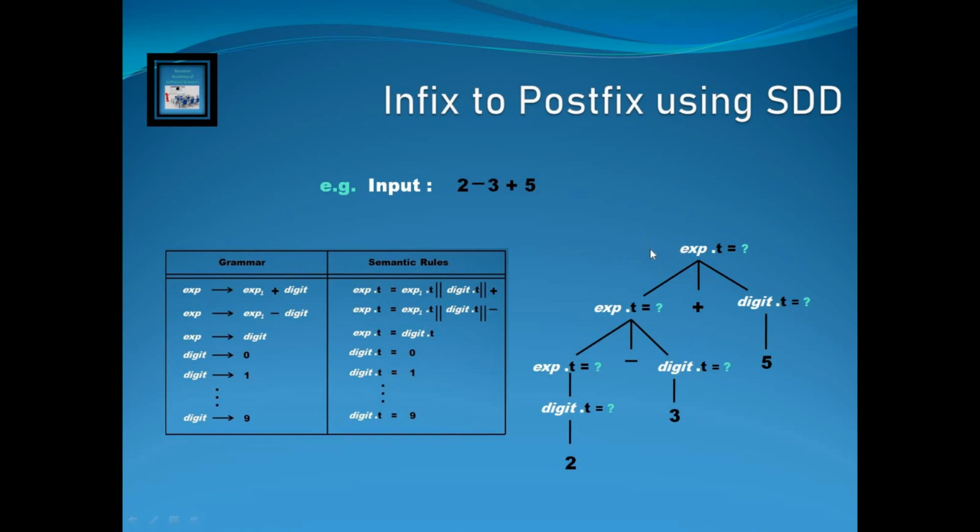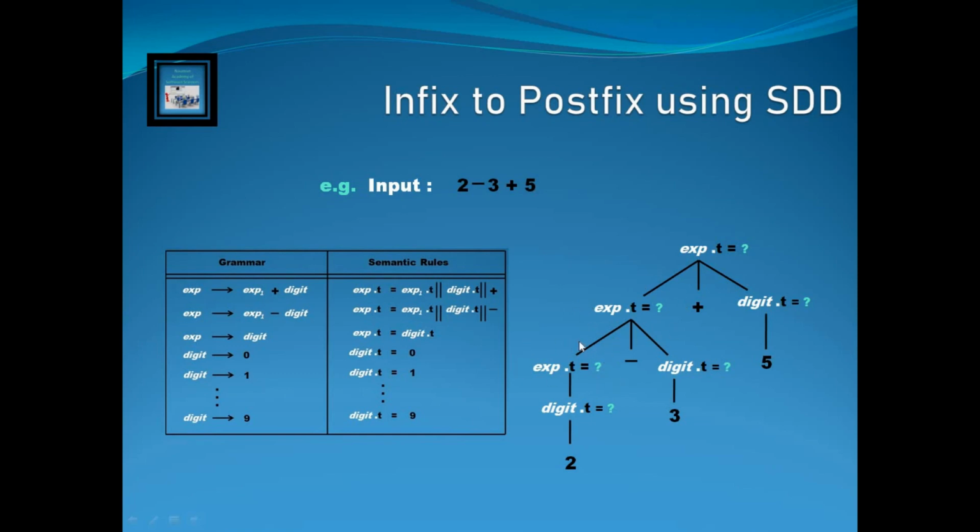in order to achieve this ultimate goal, we first have to evaluate the values for its child nodes. Starting from the main expression's left operand, this one, we want to evaluate the value for this expression's postfix form, but in order to evaluate it we again have to go to its leftmost child, then rightmost child, and then we will come to evaluate it.